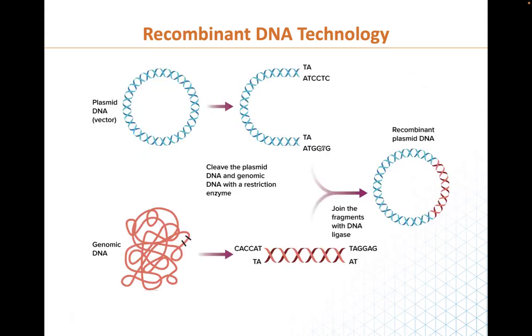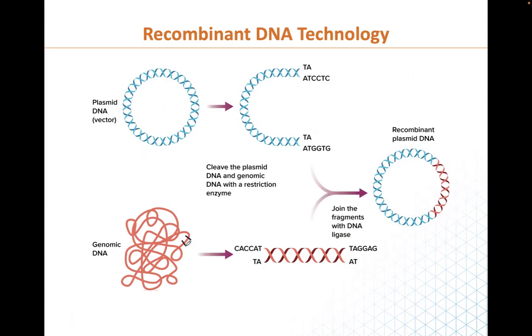This is a good example of what we're talking about. This is a plasmid DNA vector. The plasmid DNA vector has been restricted in this area. This is genomic DNA, and it has also been restricted in this area. Mind you, if it's going to be restricted, it's going to be cut by the same restriction enzyme.